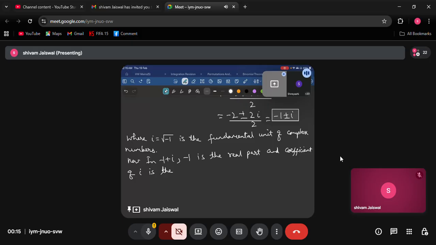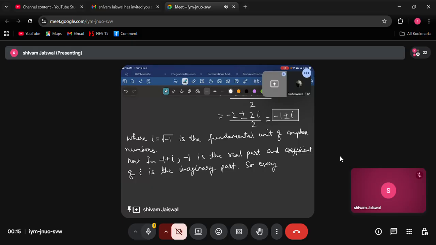So in this case, minus 1 plus iota, what is the value of the imaginary part? Tell me, what is the imaginary part in this complex number? Can anyone tell me? Tell me, everyone, what is the imaginary part in minus 1 plus 1 iota?